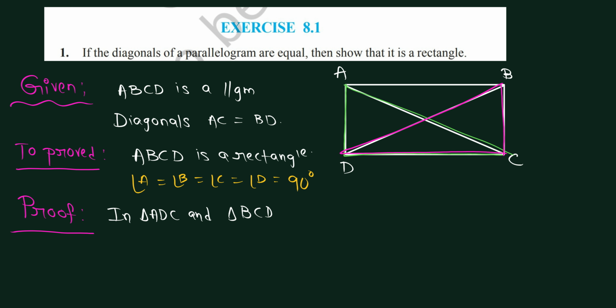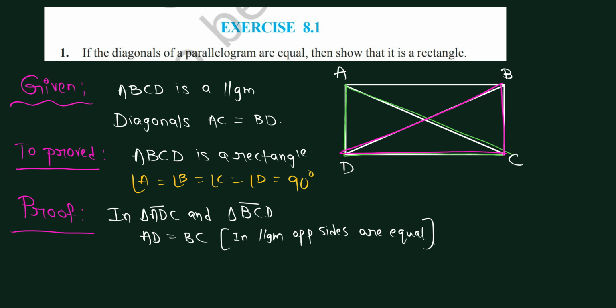AD is equal to BC. Why are these two sides equal? Because in a parallelogram, opposite sides are equal.